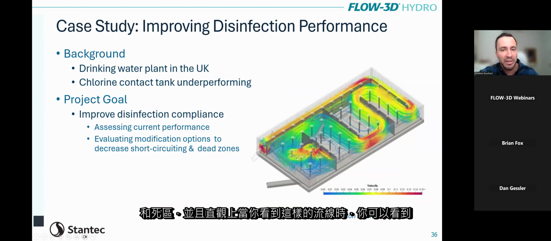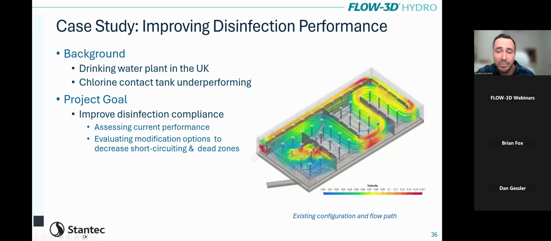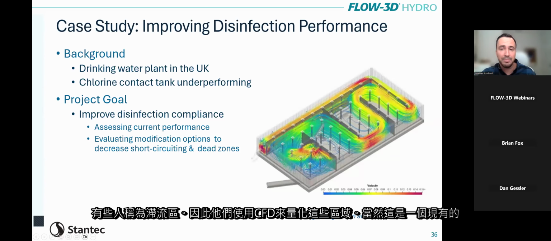And intuitively, when you look at streamlines like this, you can see that there's a jet of water that is moving very efficiently, while there are some areas that some people call dead spots. So they used CFD to quantify those.